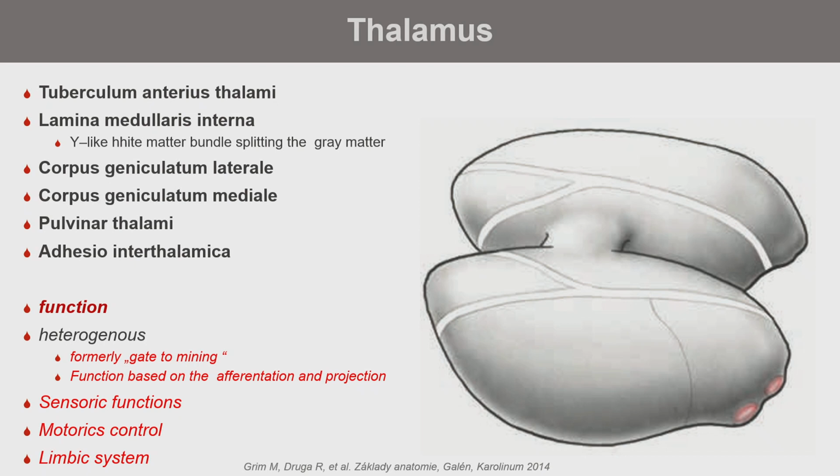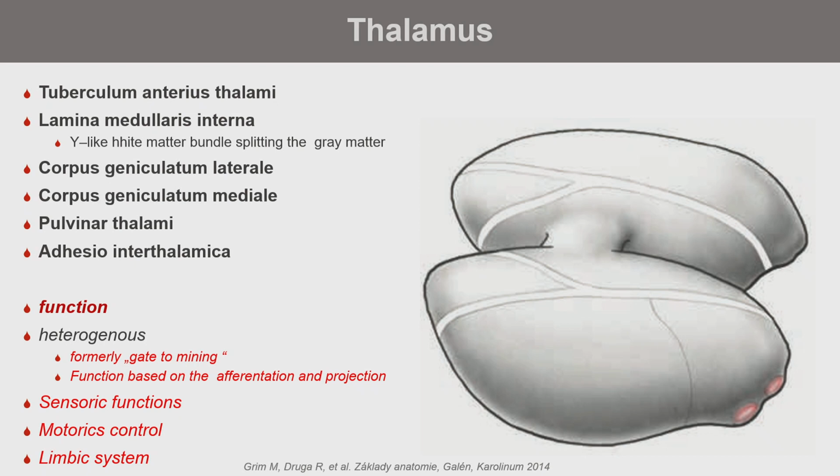So according to the parts of the encephalon, thalamus. Thalamus was originally found like a site which is typically the gate to the mind. Why? Because almost all sensoric information is relayed here, except olfactory.